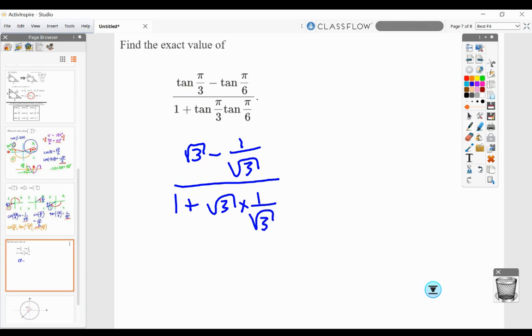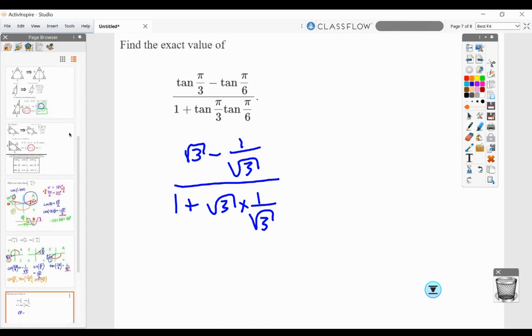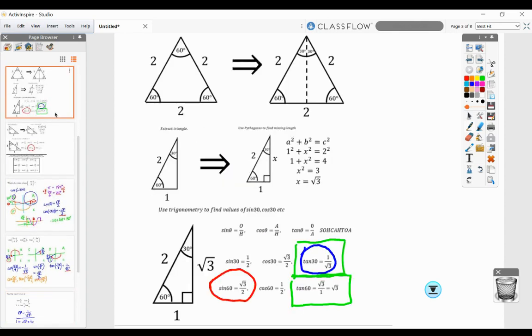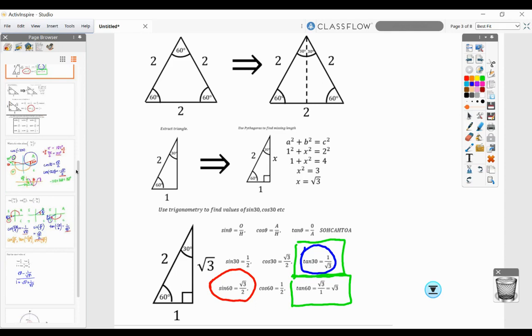Let's make sure I got those the right way around. So tan pi over 3, which is 60 degrees, is root 3. Let's just make sure I don't make a careless mistake. Yeah. So tan pi over 3 is root 3.